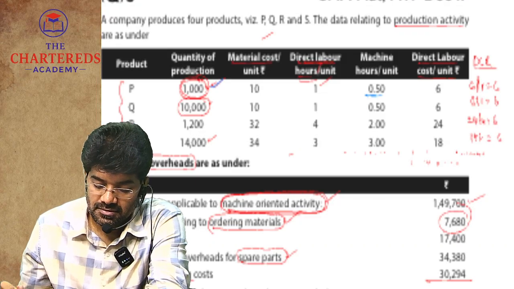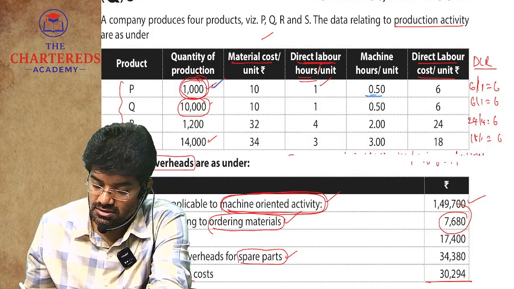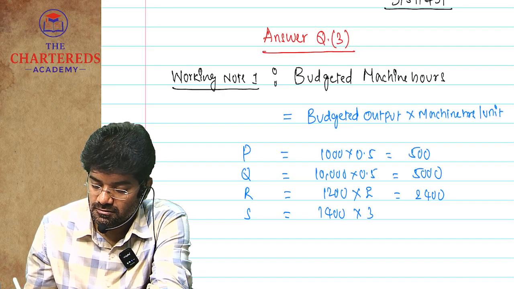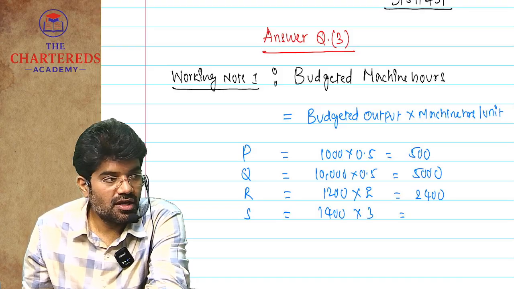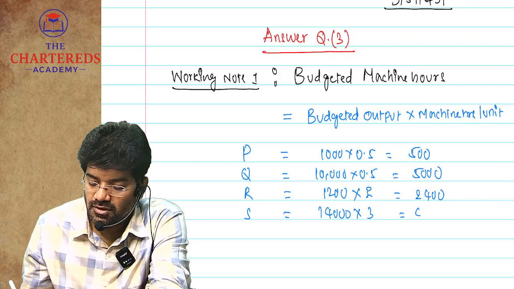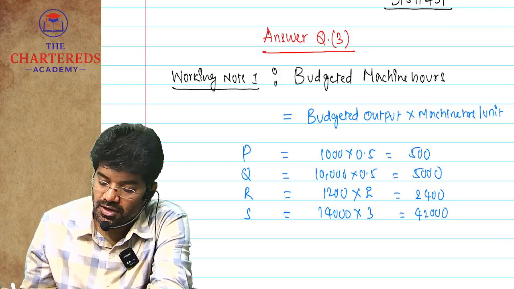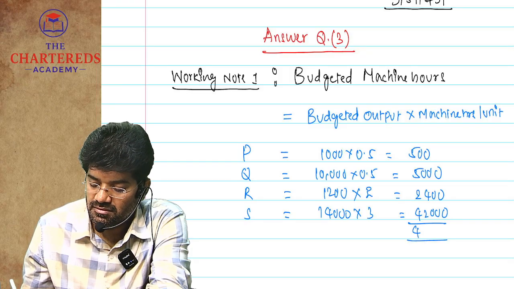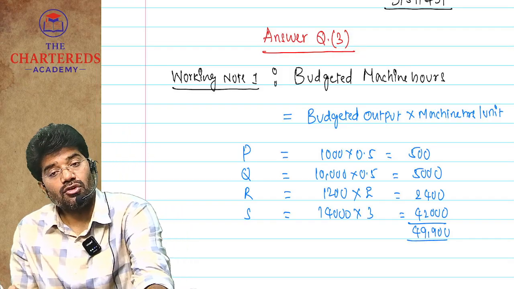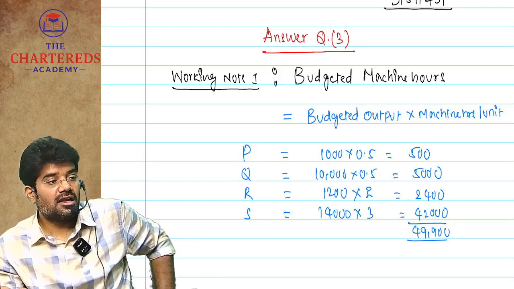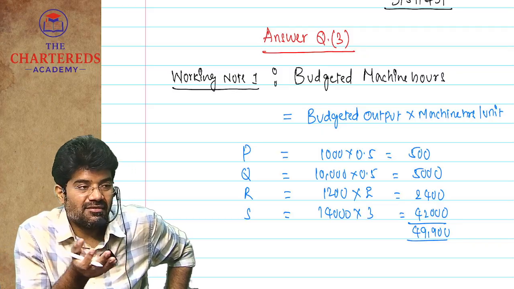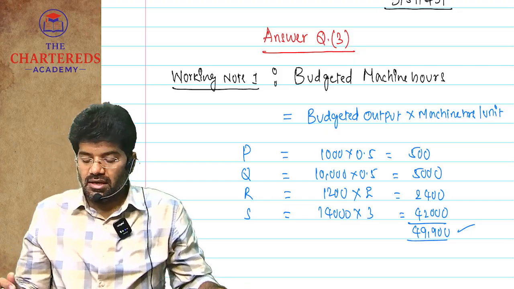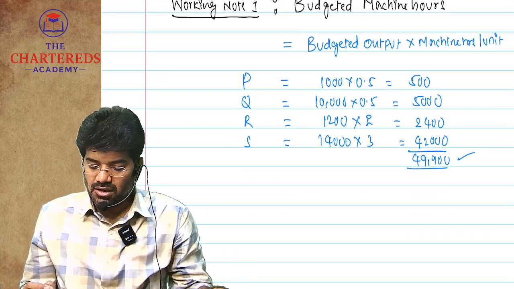Next one, product is 14,000 units, 3 hours are required. 14,000 or 1,400 into 3 is 42,000. Okay, can I add this total? Yes, because everything is machine hours only. We add the total because, to get the activity rate, we have to divide that activity cost by this total volume. Now we can give the answers, first part, requirement 1.